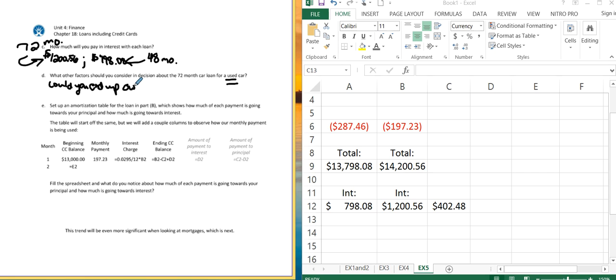So here's the issue that you want to think about in something like this. Oftentimes with used cars, which I've always bought used cars, by the way, but you have to be careful, depending on how used it is, if you end up owing more than it's worth, and then you also have repairs on top of it, that can be a problem.